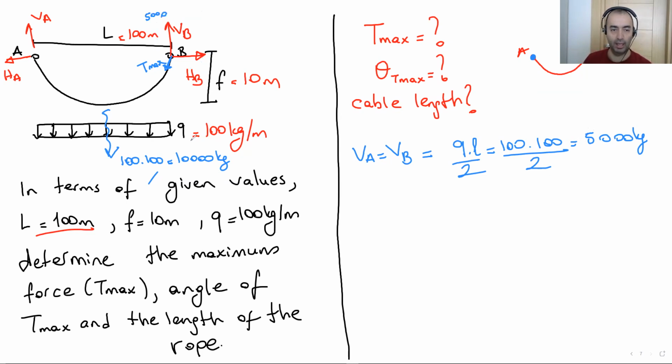5,000. HB, horizontal loading. So remember the horizontal load on the cable, T0, which is the minimum load. Also at each point we have this same T0. At the bottom point, by the way, let me explain this part again.